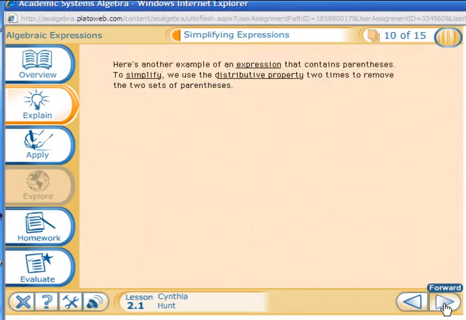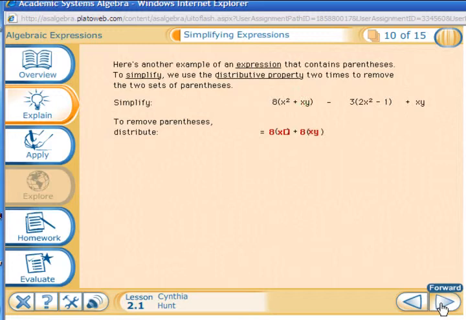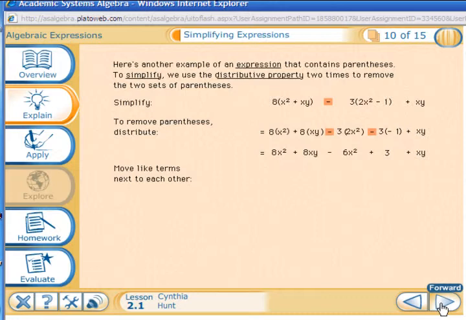Here's another example of an expression that contains parentheses. To simplify, we use the distributive property 2 times to remove the 2 sets of parentheses. To remove parentheses, distribute. Move like terms next to each other.